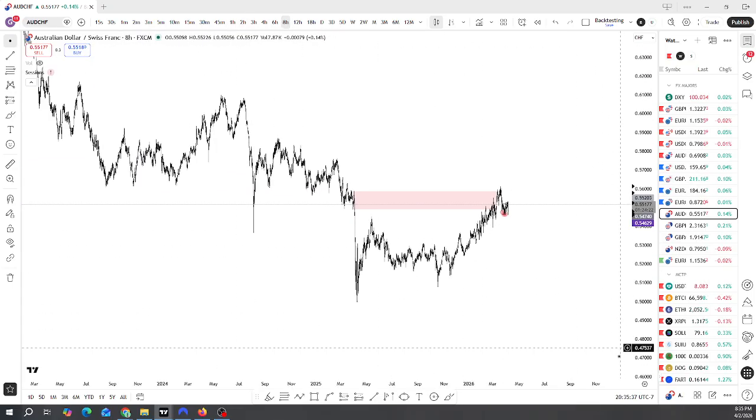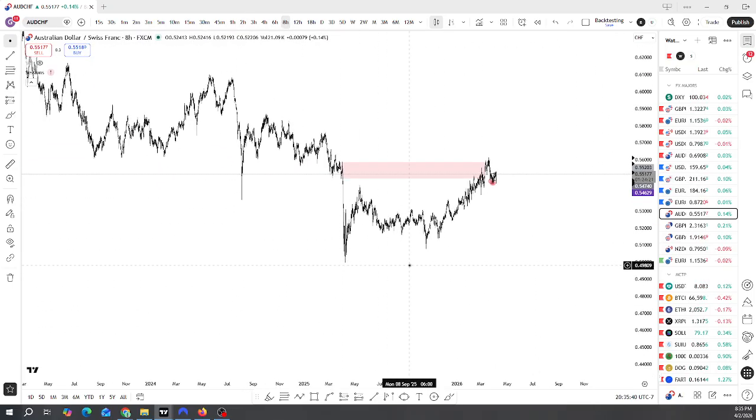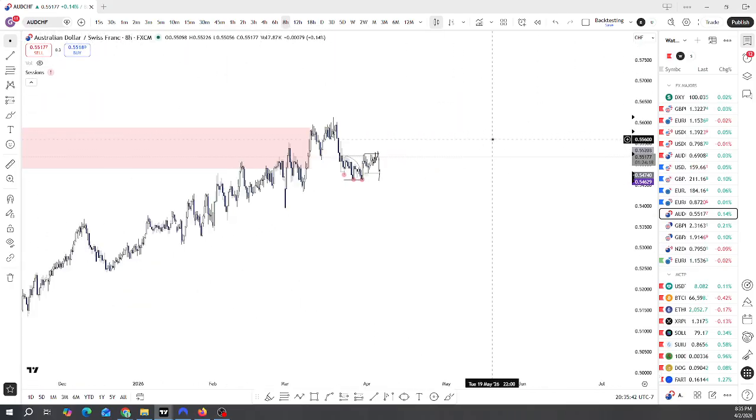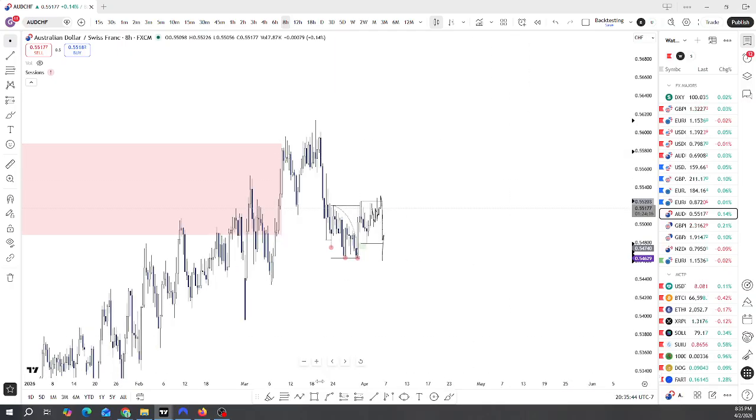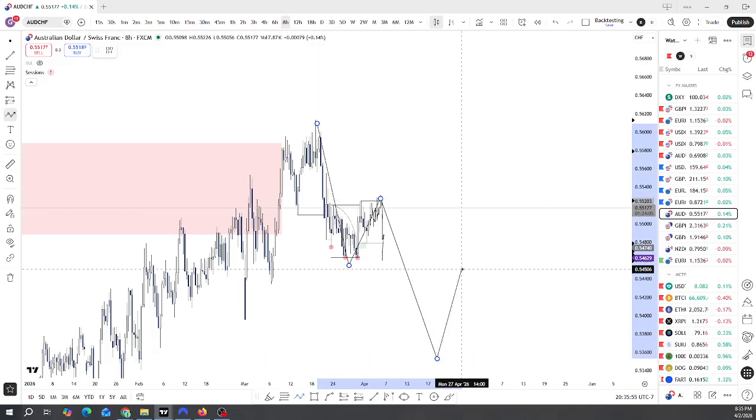Maybe to a new all-time low. Who knows? But yeah, we got that main market structure break here, so it would not be crazy to put in a lower high and then continue that downtrend.